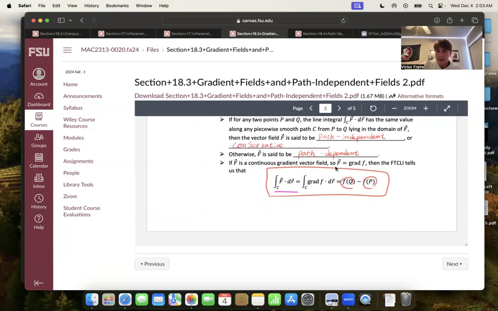Right here, it says that the vector field F equals the gradient of f, which we just found the potential function for. The fundamental theorem for line integrals tells us that the integral of F dot dr is equal to the integral of grad f dot dr, which is equal to f(Q) minus f(P).